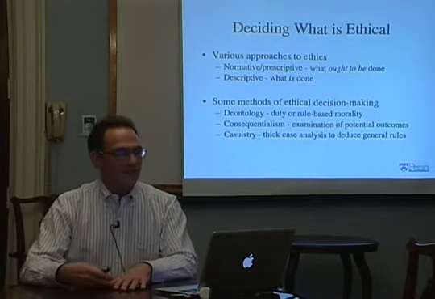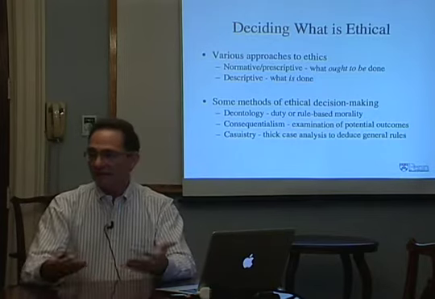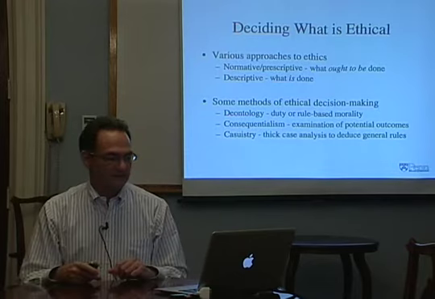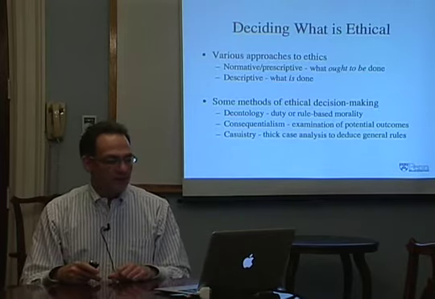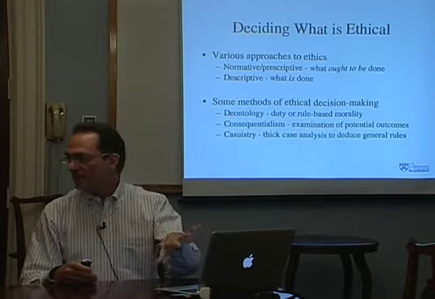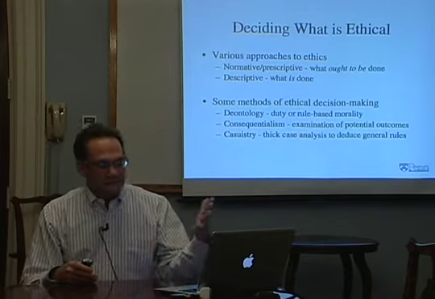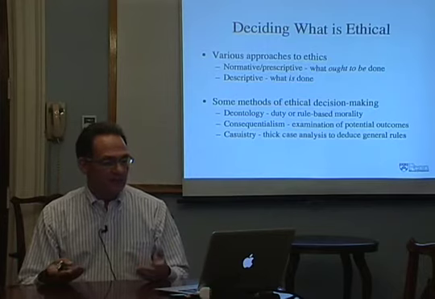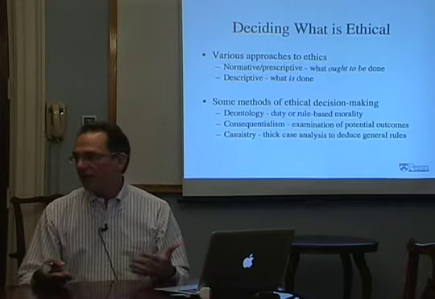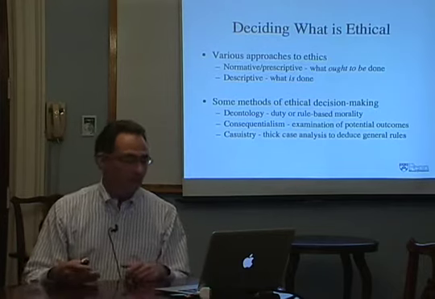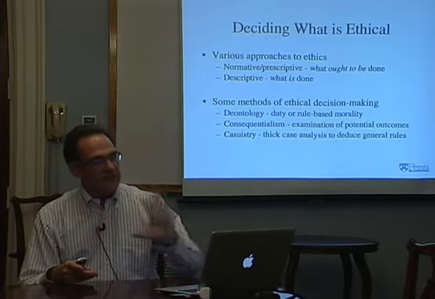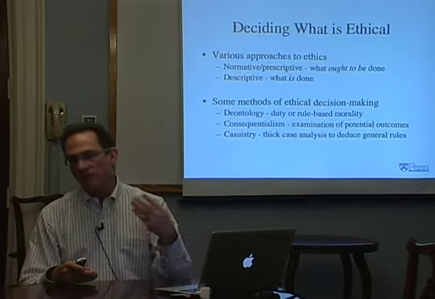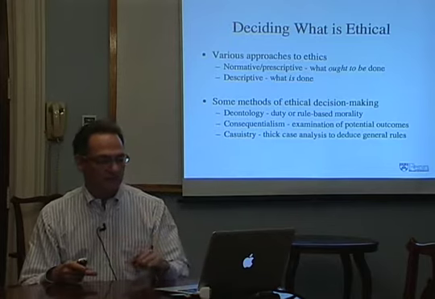Descriptive is merely studying what is done and saying that's ethical. Various approaches, and you probably already talked about these in some detail. Deontology is duty or rule-based decision-making. Consequentialism is essentially looking at outcomes, like utility theory. And casuistry is basically thick case analysis, from which we can draw generalized rules.